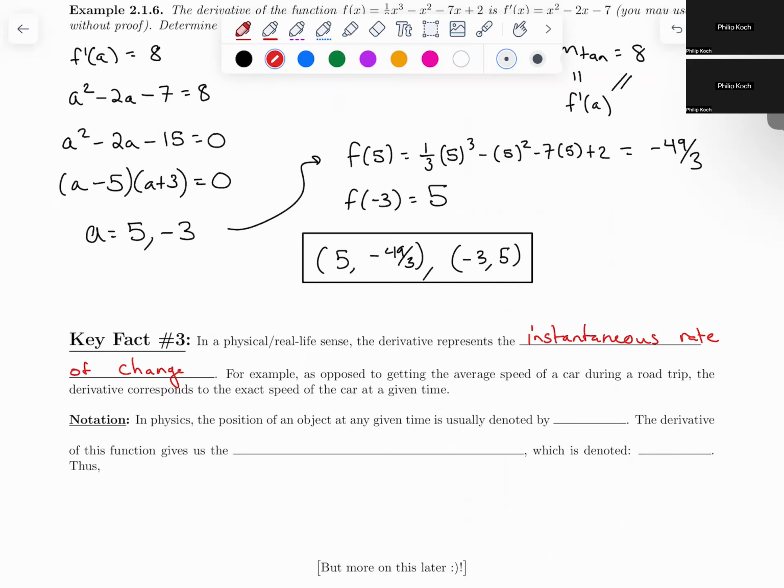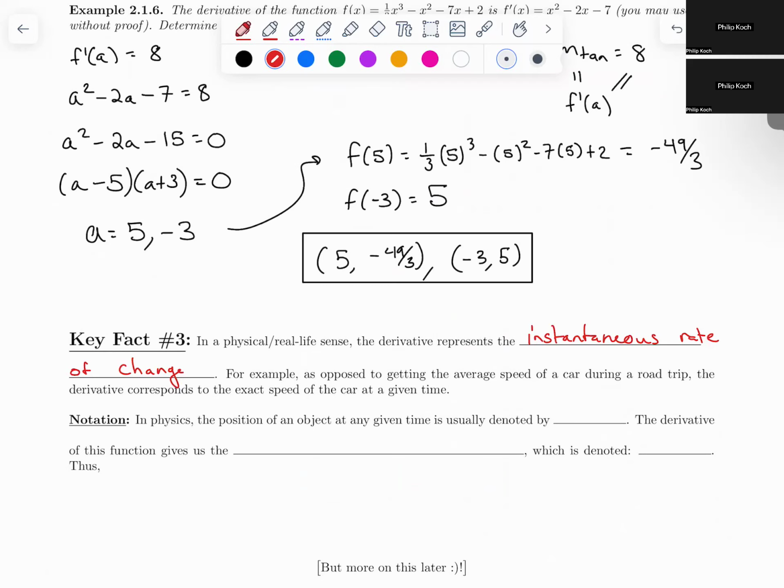As an example, you can find out your average speed on a road trip. You start at zero hours, it takes you 10 hours to get there, and you traveled 500 miles. You're going at an average speed of 50 miles per hour, right?